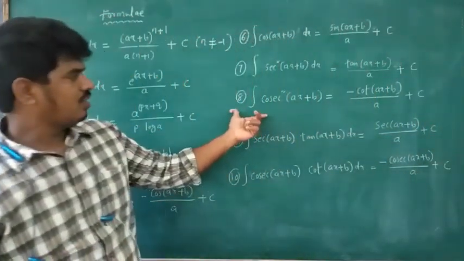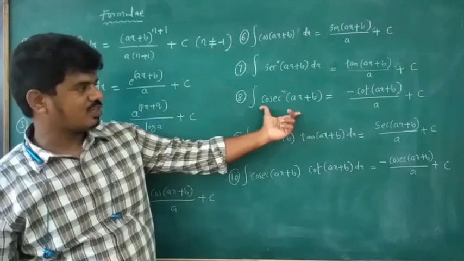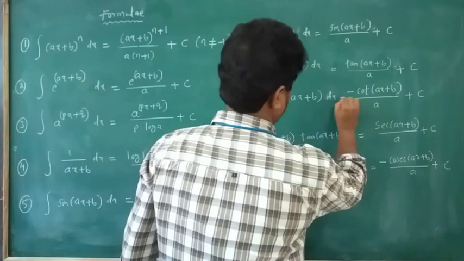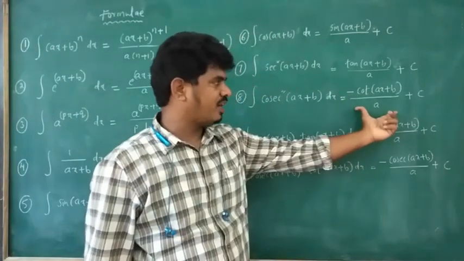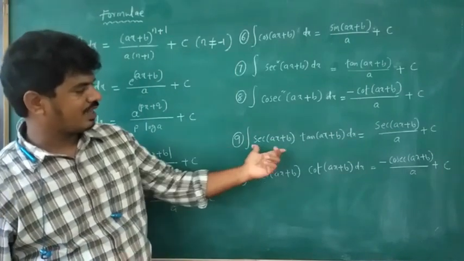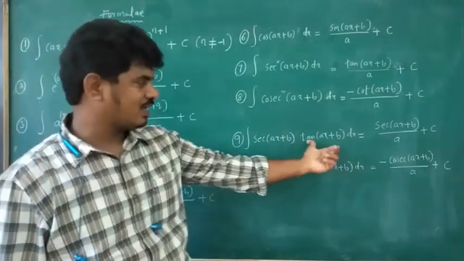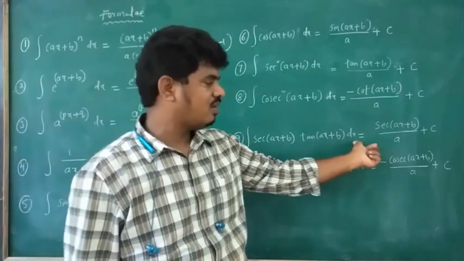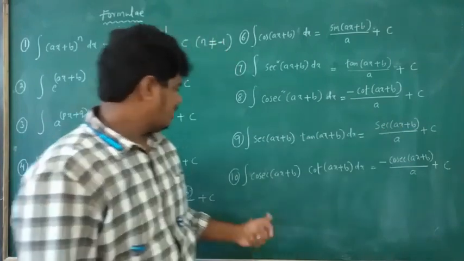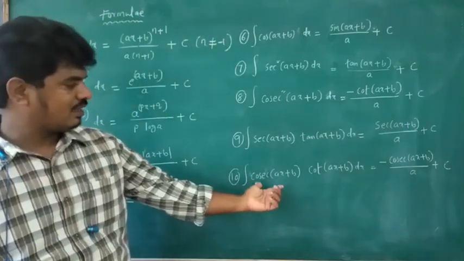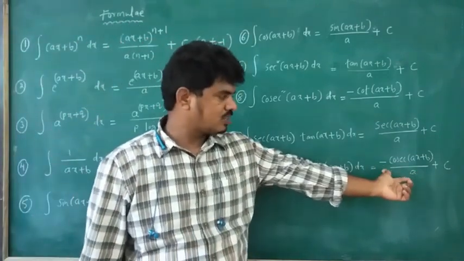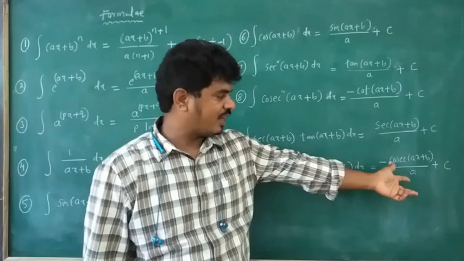Eighth one, the integral of cosecant square ax plus b dx is equal to minus cot of ax plus b divided by a plus c. Ninth one, the integral of secant ax plus b tan ax plus b dx is equal to secant ax plus b divided by a plus c. Tenth one, the integral of cosecant ax plus b into cot ax plus b dx is equal to minus cosecant ax plus b divided by a plus c.